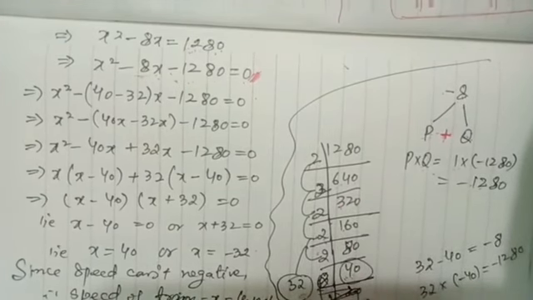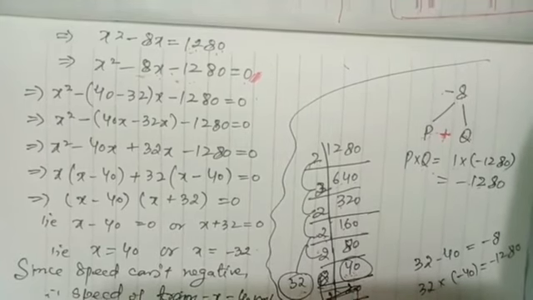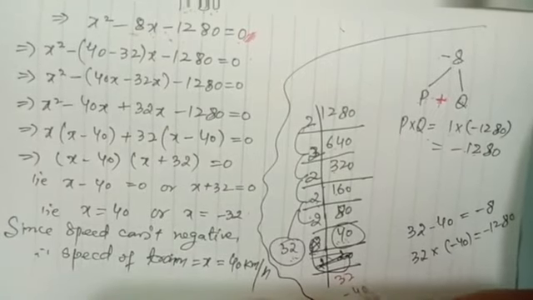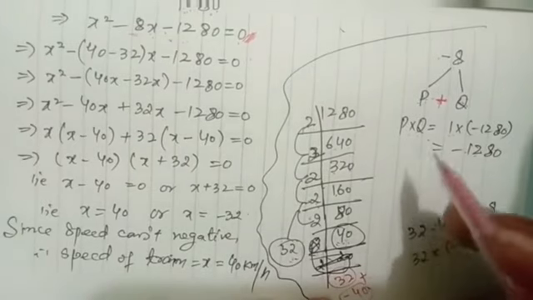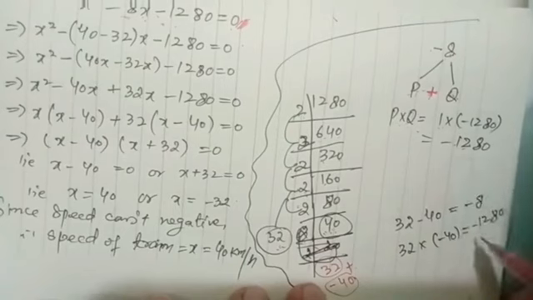So one is 32 and the second one is minus 40. See, the addition of these two terms, you will get minus 8, and the product of these two terms, you will get minus 1280.